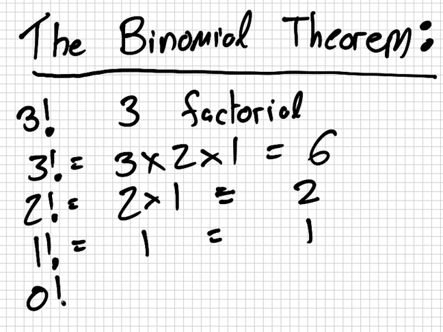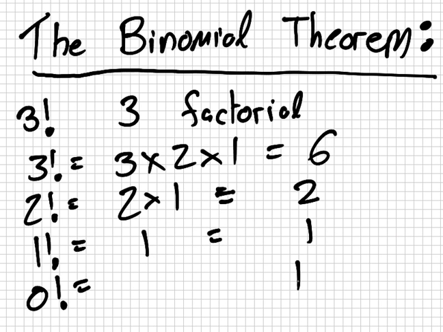And 0 factorial is 1. Now don't worry too much about that. You can just take it as part of the definition. Business students will see why in semester 2. So 0 factorial is 1. A bit like when you put something to the power of 0, you get 1. Right, so that's factorial.